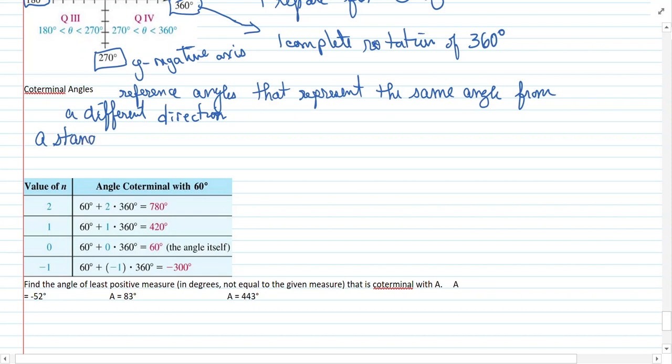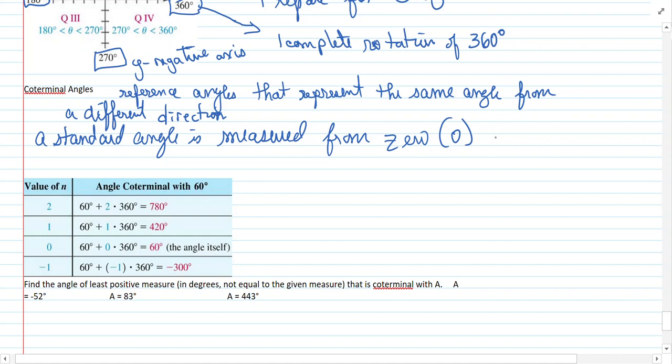So a standard angle is measured from 0, then moving counterclockwise.